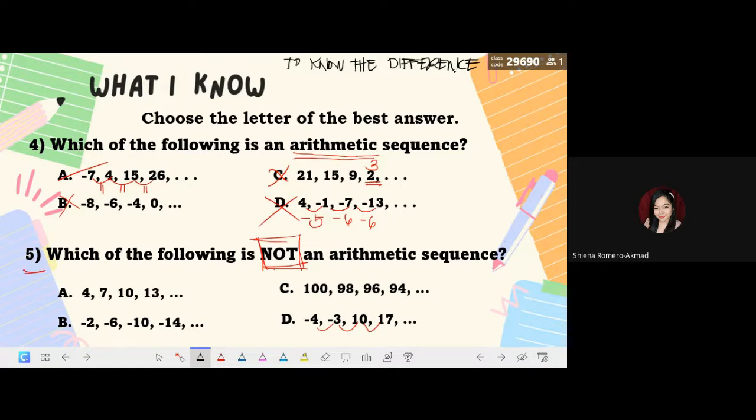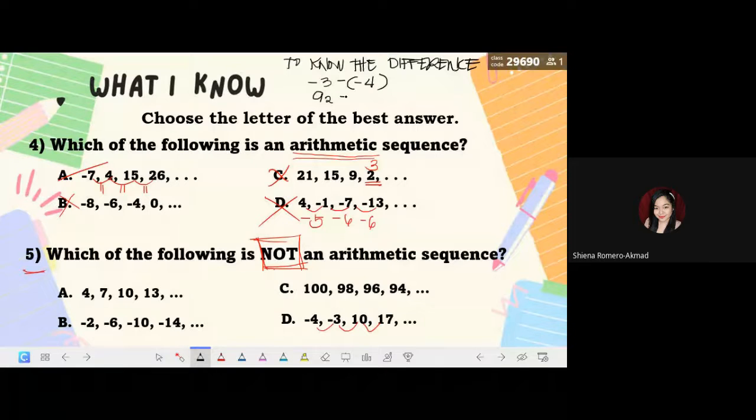Ano ang isa-subtract natin? Yung term minus the preceding term. So, let's say, yung term natin is negative 3 and negative 4. So, mag-minus tayo, negative 3 minus negative 4.